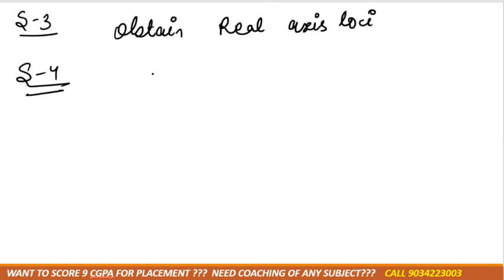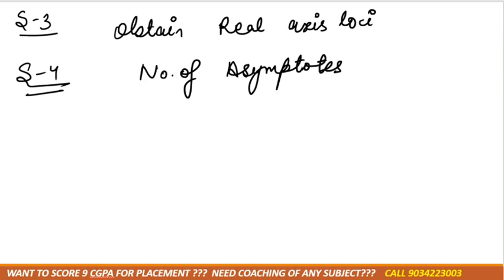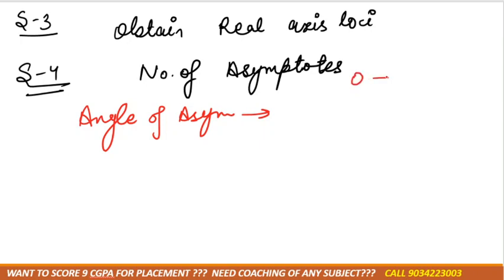Step number 4: we have to calculate the number of asymptotes, right? And remember what the formula was for the number of asymptotes? We also need to calculate the angle of asymptotes, right? So it will go from 0 to p minus z minus 1. Poles is how much? 3, zeros is 1, so 3 minus 1 minus 1 is 1. So 0 to 1 means there will be two asymptotes.